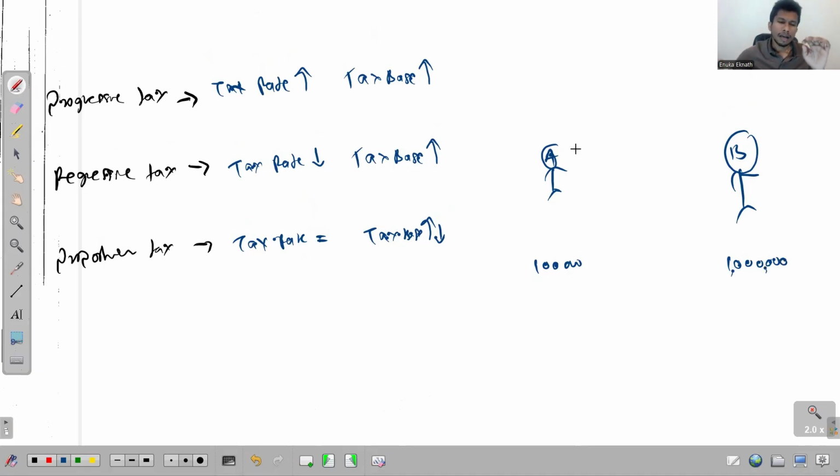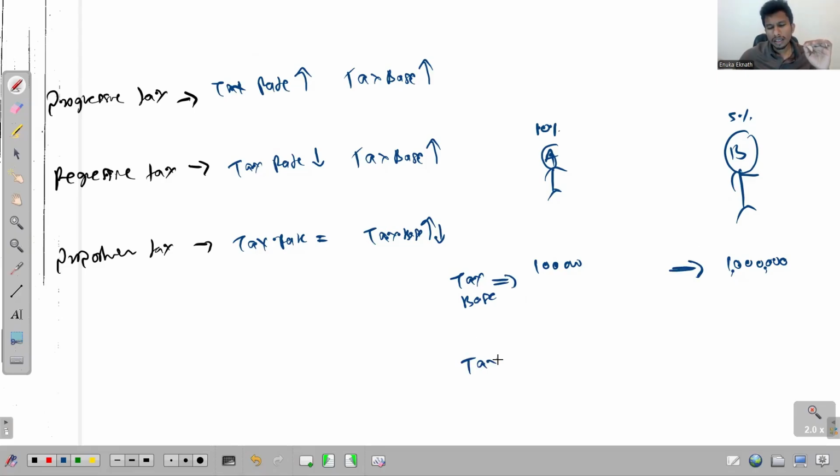Imagine that the tax rate applicable for this person, if it is just, let's say 10%, the tax rate applicable for the second person is 5%. So when you calculate, this is a tax base now, right? We recognize this to be the tax base because this is their income, tax base once again.